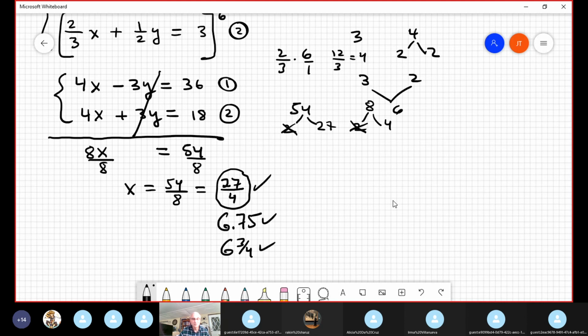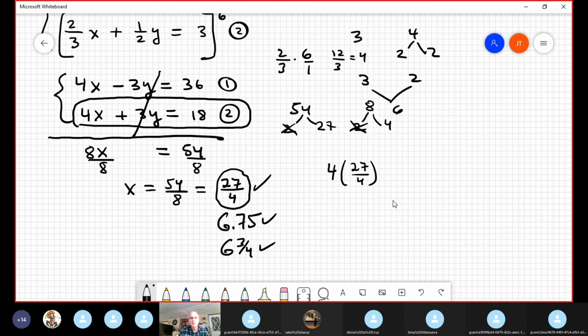Now, what equation do you recommend for finding the y value? The first or the second? Second, okay. She selected the second. So 4 times 27 over 4, plus 3y, equals 18. Oh, this 4 is cancelled.